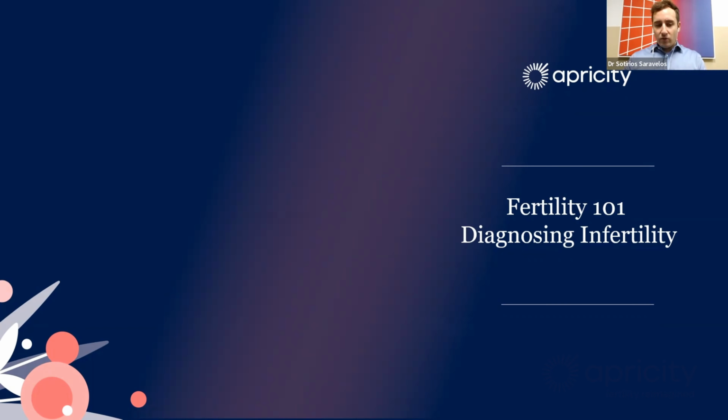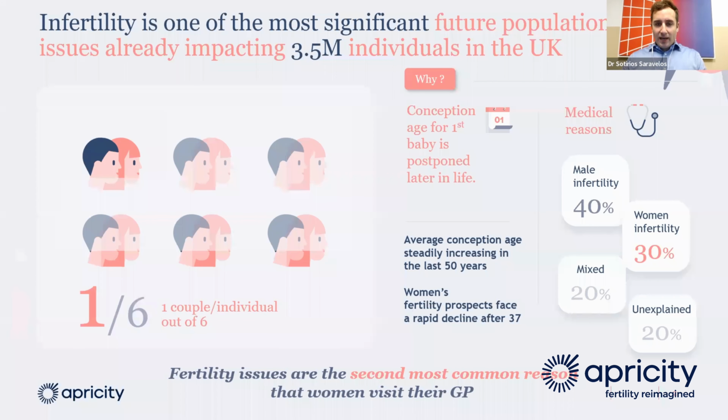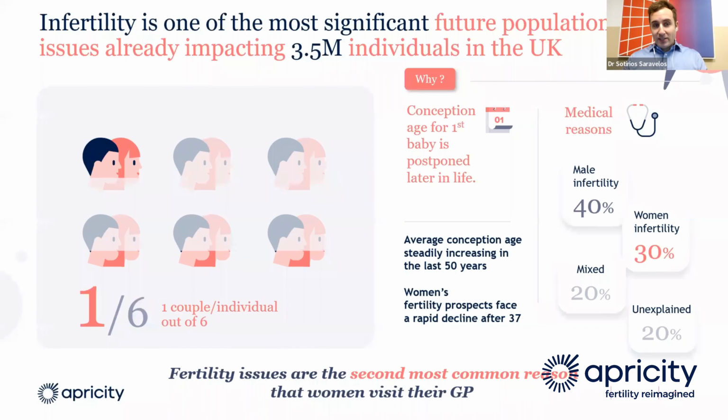So what happens when you're investigating infertility? Well, a little bit about the background. Infertility affects a very large proportion of the population. Millions of people in the UK and about 1 in 6 to 1 in 7 couples, which is a lot. There's a lot of reasons behind that.